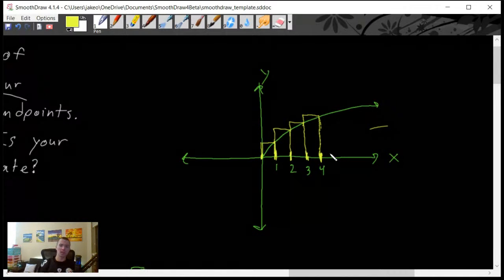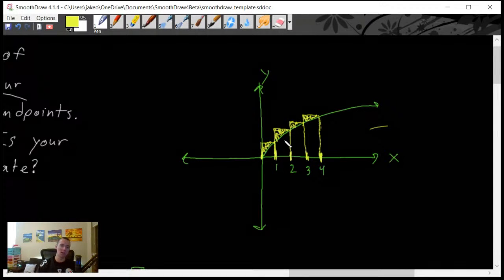So now just looking at this, we can pretty easily see whether this is an overestimate or an underestimate, because since it's based on the right endpoint, all 4 of these rectangles go up over the top of our function. So you can see this area up here for all 4 of these rectangles is being counted in our rectangle approximation of the area, but none of this is under the curve.